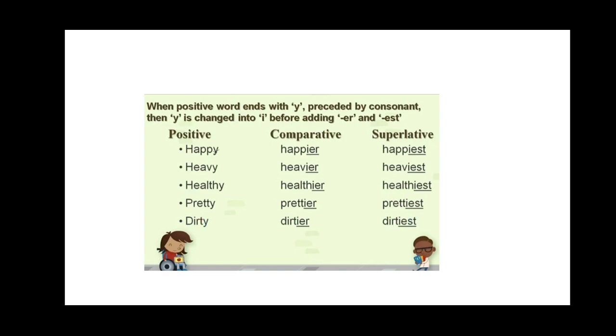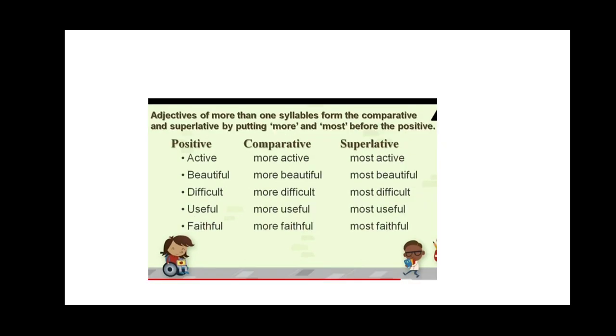Happy, happier, happiest. Heavy, heavier, heaviest. Healthy, healthier, healthiest. Pretty, prettier, prettiest. Dirty, dirtier, dirtiest. So the word that ends with Y takes IER in comparative degree, and in superlative degree you should use IEST. Clear?